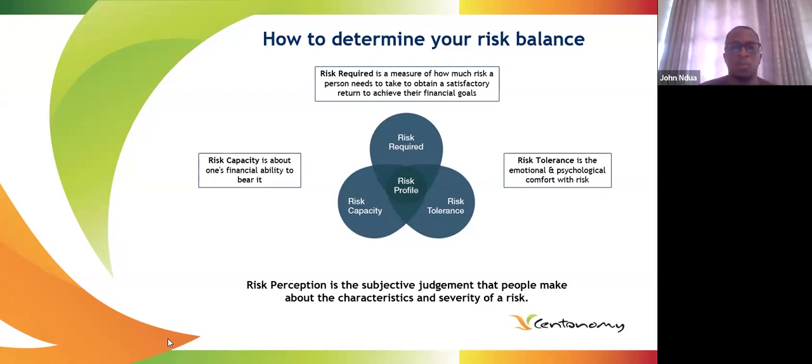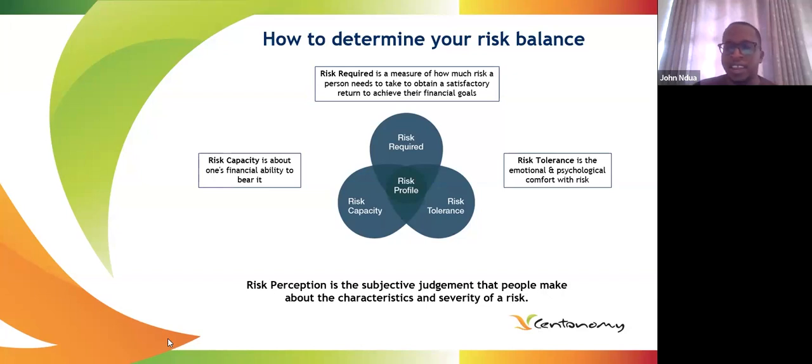However, you want to purchase a home worth 10 million, as an example. That is scenario one. Scenario two, you have 1 million in cash, but you want to purchase the same home worth 10 million. You will find that in scenario one, you are so close to your goal.